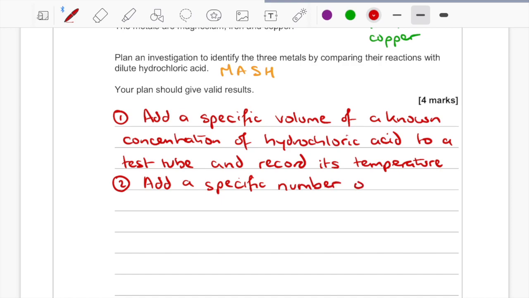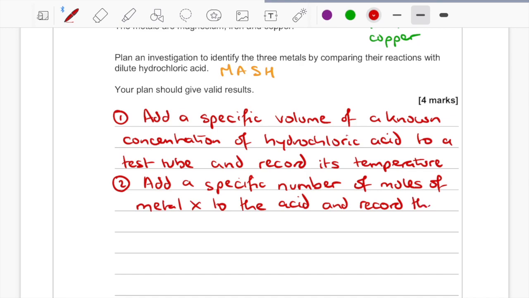So a specific number of moles of metal X to the acid, and record the maximum temperature reached. Yeah.